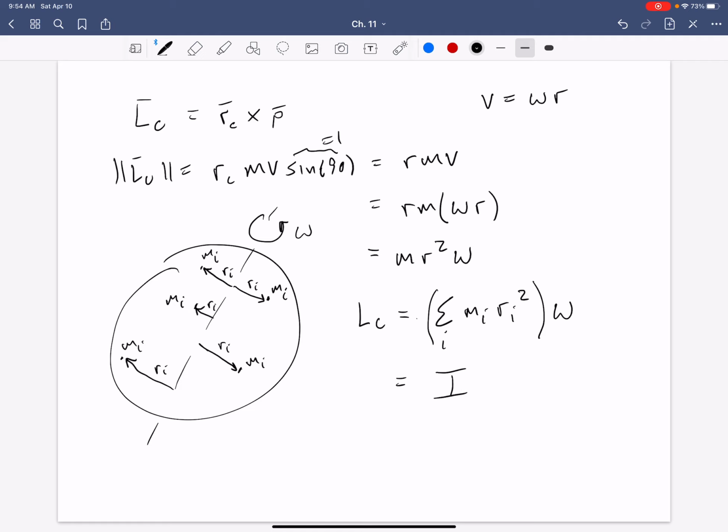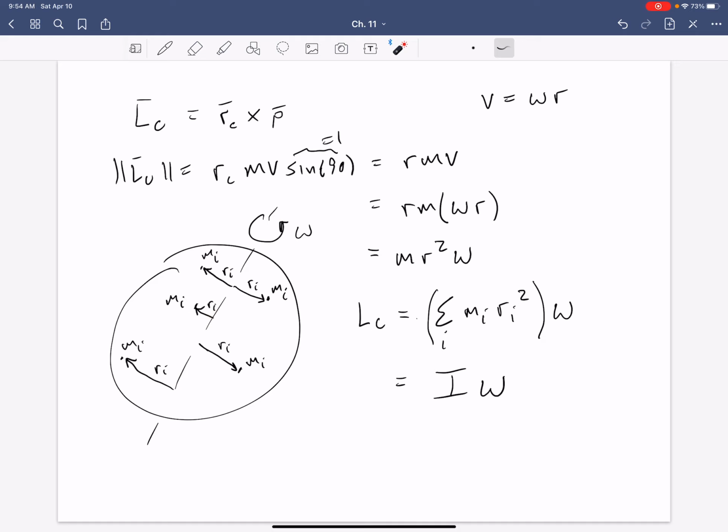Now, omega will be the exact same value for each of these masses, regardless of where they are, right? That assumes, of course, that this object as a whole is a rigid object. In other words, there's no differential rotation, meaning some parts don't rotate slower than other parts, right? They all rotate about this axis at the same rate.